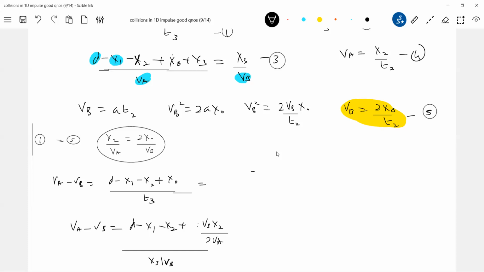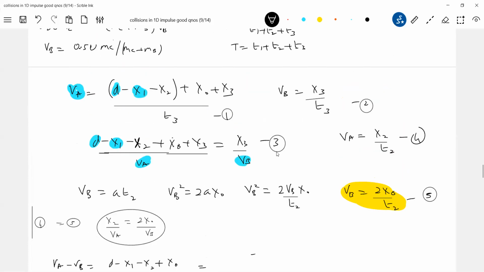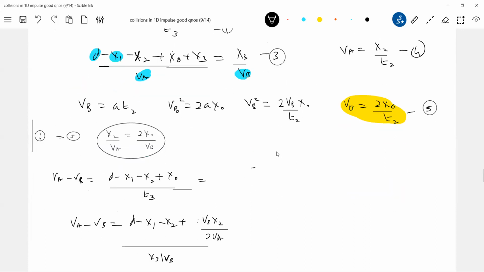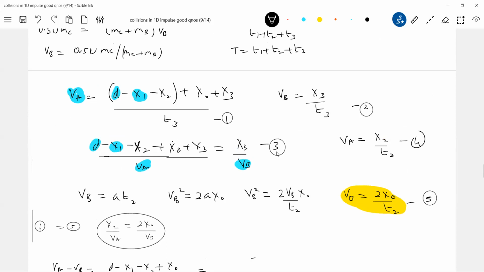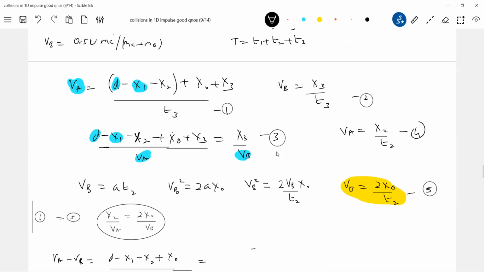Now solving this and substituting in the final equation, I know x3 in terms of T3, also I'm replacing here x3 by VB. Then again from this equation, x2 in terms of x3 will come. That I'm going to replace here. With that, we can get the required answers.